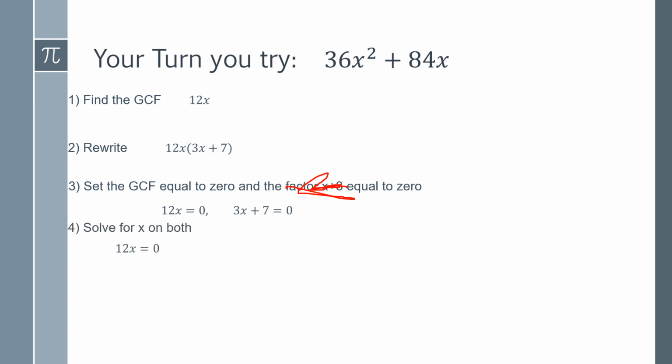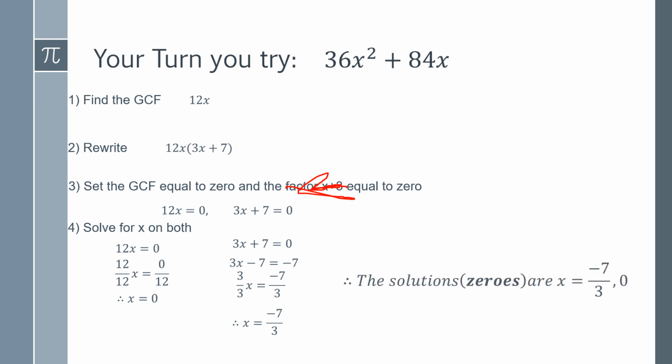Did you get the solution of 0 for the first one? And did you get the solution of -7/3 for the second? If you did that, you are a beast. Good job. And the solutions, or zeros, are x equals -7/3, comma 0.